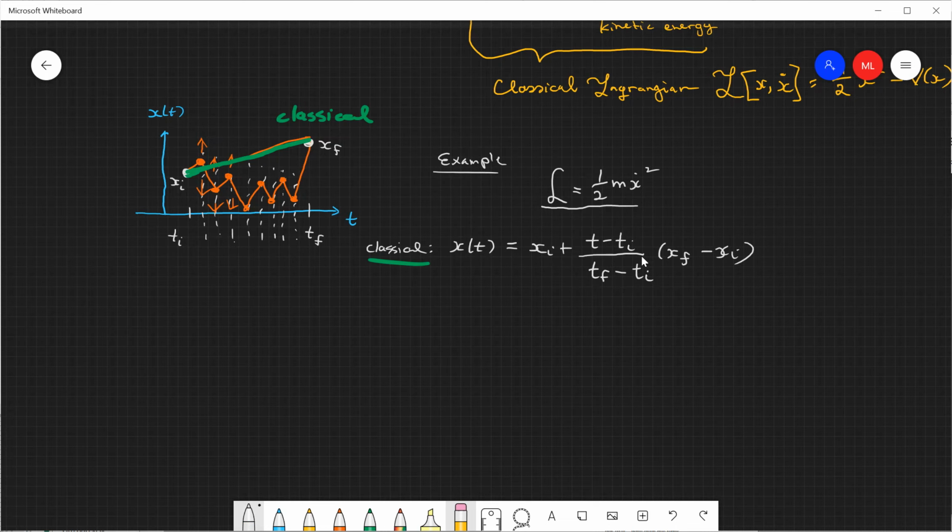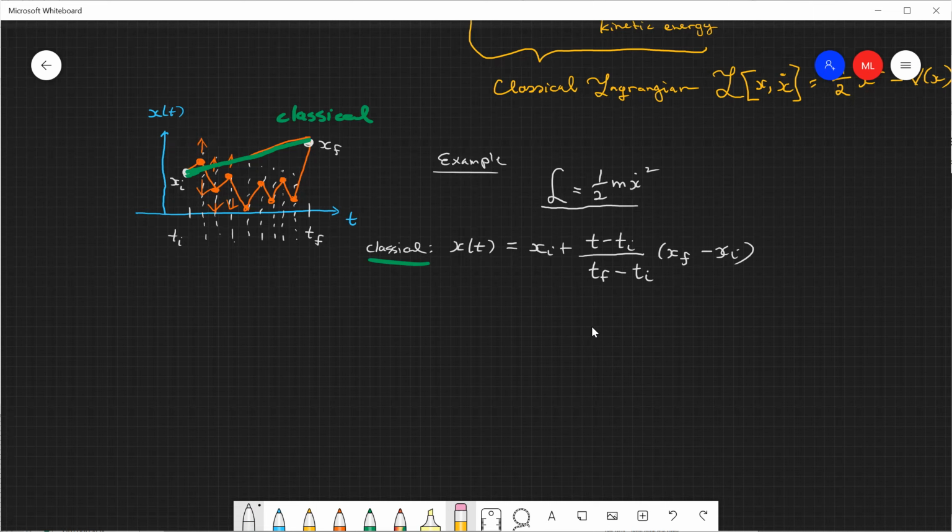So this is just a line. This is an equation for a line, written in point slope form. This ensures the right boundary condition, right? When t is equal to ti, you're at the initial point, and when t is equal to tf, then these cancel and you're just left with xf minus xi, and the xi's cancel and you're at the final position. So that's what we would expect classically.